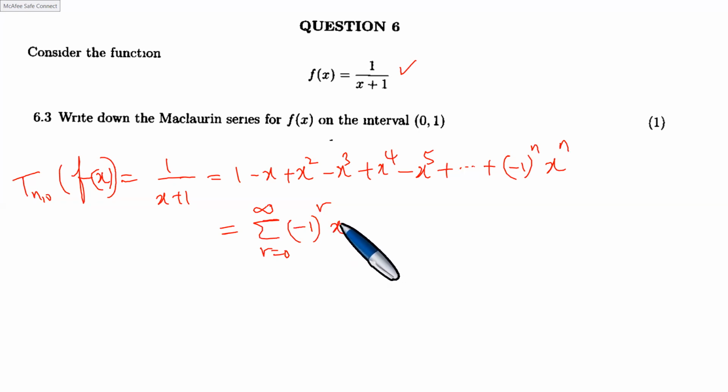Normally we switch the n and the r around. The n is the order or the degree of this polynomial. And therefore this one here stops at minus 1 to the r, x to the r. And because x is between 0 and 1, this is what we get. Well, this is the Maclaurin series between 0 and 1.